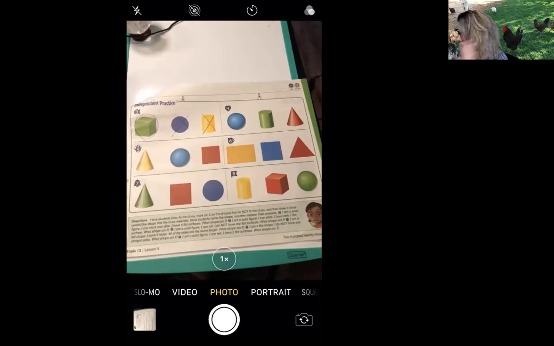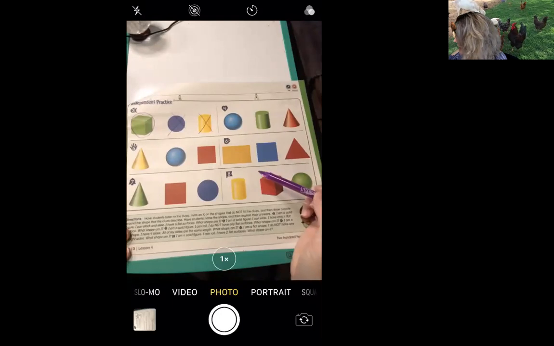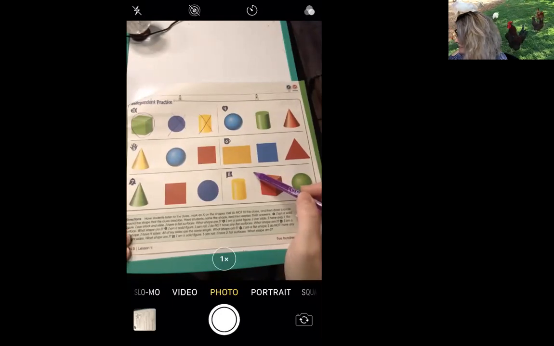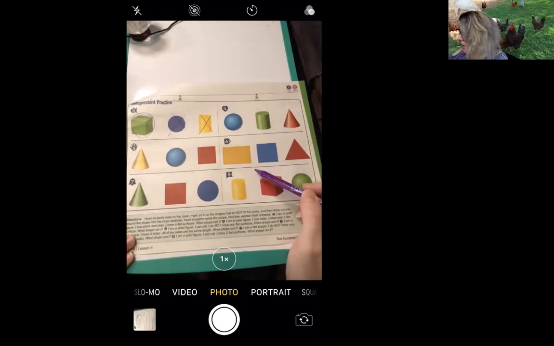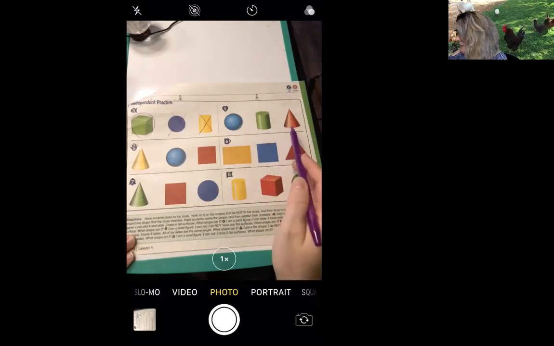Let's look at number 4. Here we go, number 4. I am a solid figure. I can slide. I have only one flat surface. What shape am I? Okay, so it says a solid figure. They're all solid figures. It can slide.